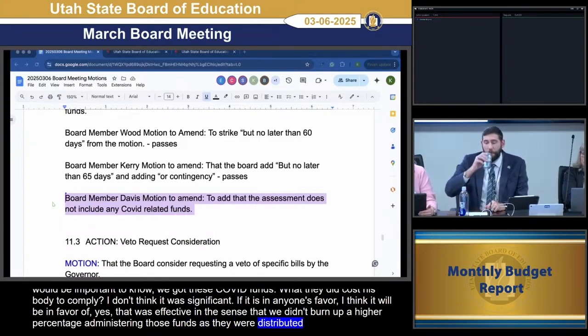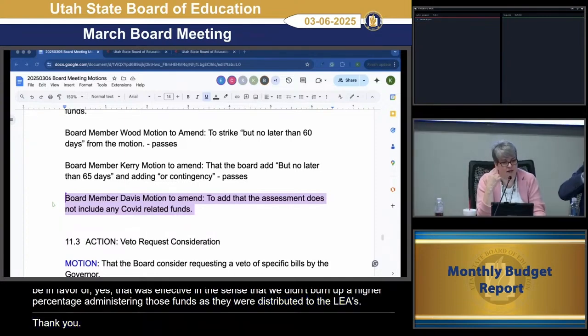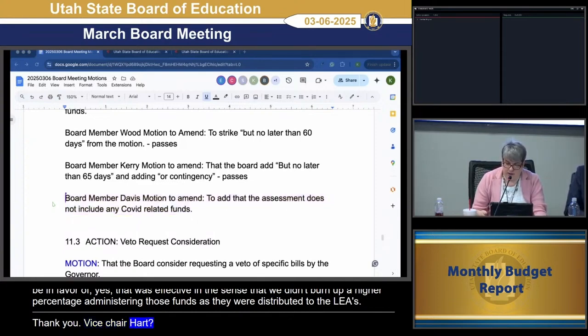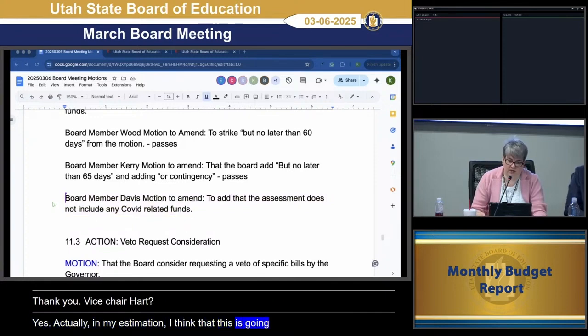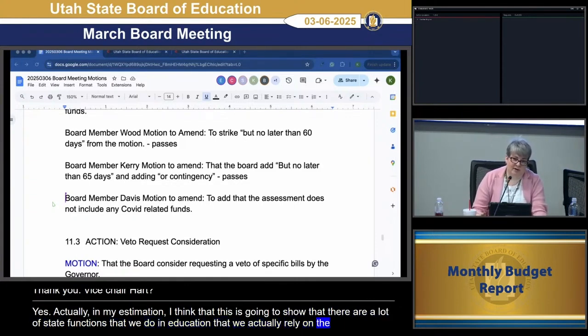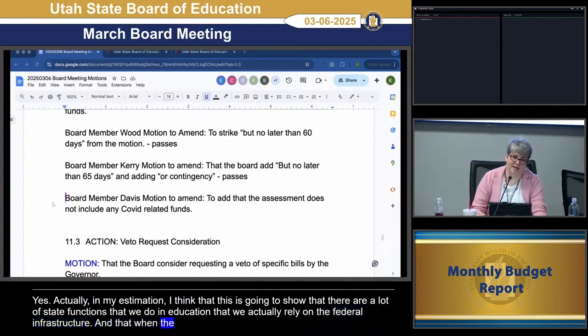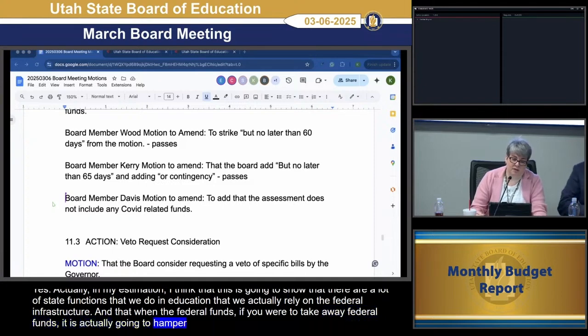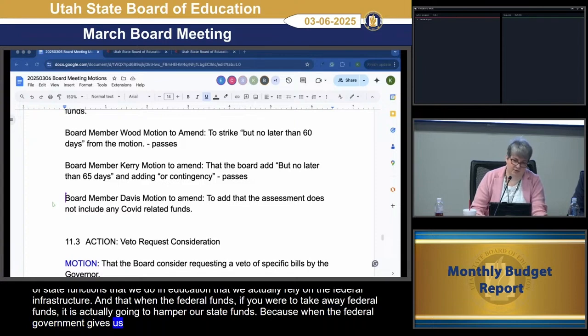Yeah, in my estimation, I think that this is going to show that there are a lot of state functions that we do in education that we actually rely on the federal infrastructure for, and that if you were to take away federal funds, it's actually going to hamper our state funds, because when the federal government gives us a program or assigns us a program, they assign personnel and they assign indirect costs.